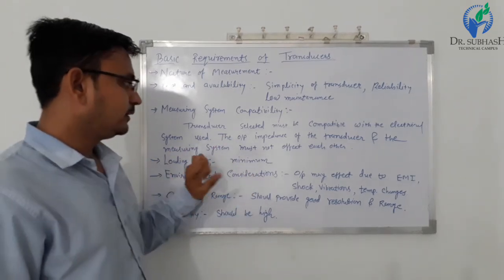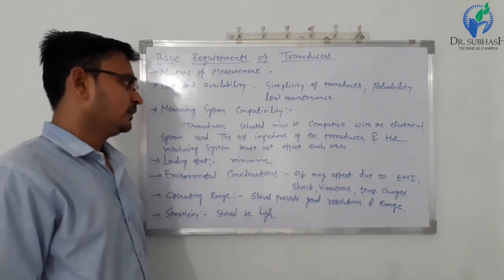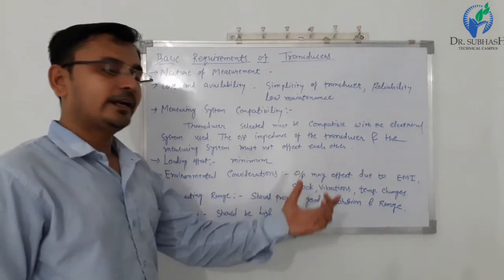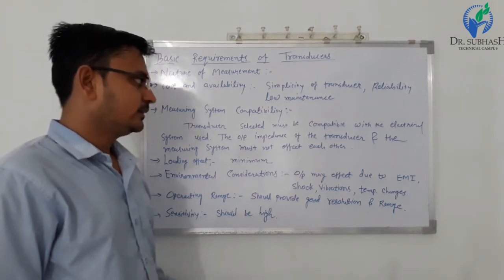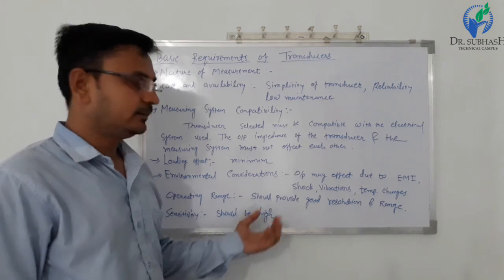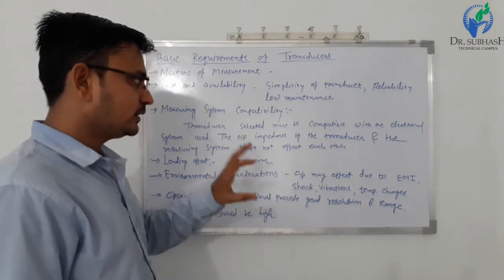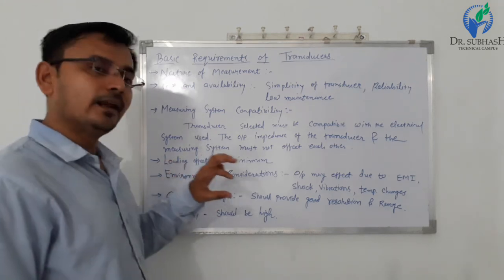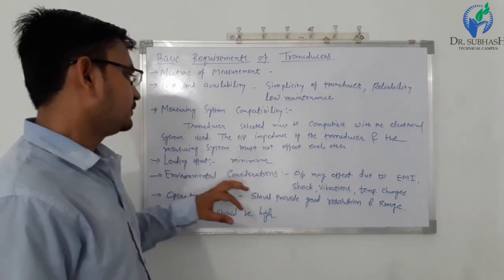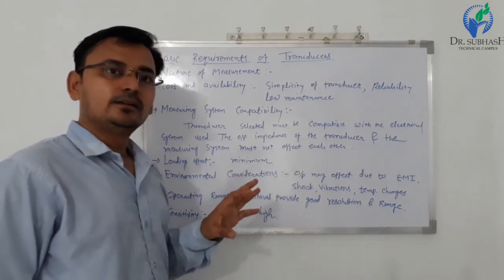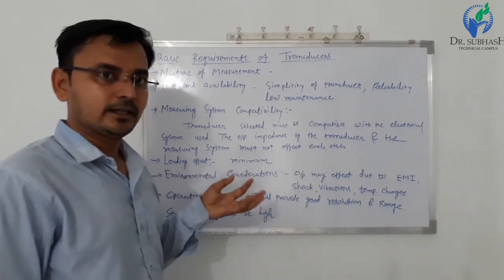Then environmental considerations. Output may be affected by electromagnetic interference, shocks, vibrations, and temperature changes. So these are the environmental conditions we have to keep in mind while selecting the transducer. Generally temperature changes are there in an industrial environment.